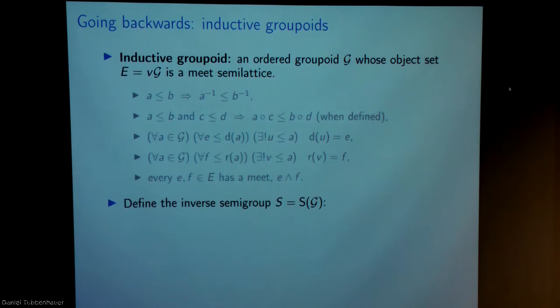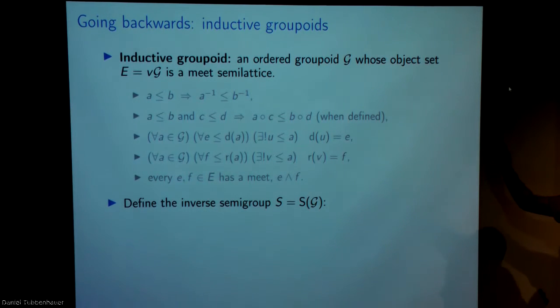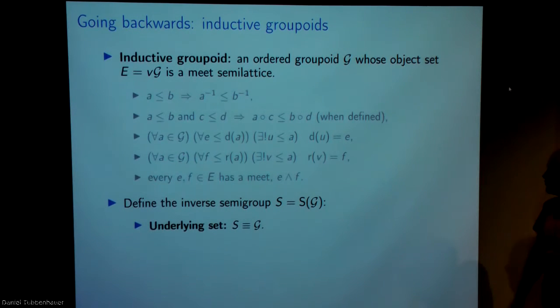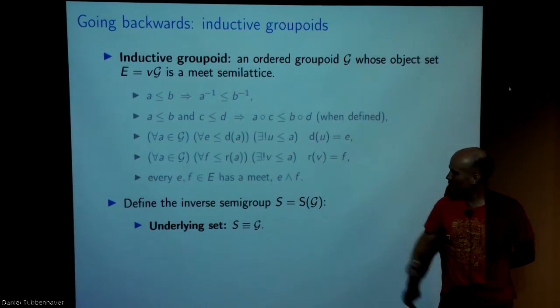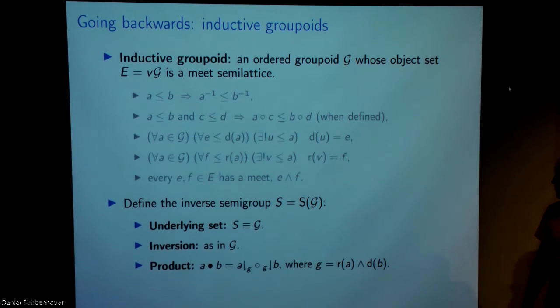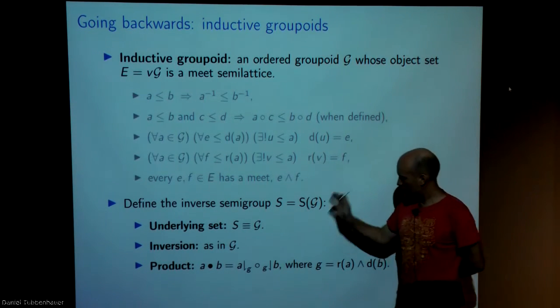Okay, and given such an inductive groupoid, we can define a semigroup. So now we're imagining we're not even starting with a semigroup in mind. We've just got this groupoid satisfying these axioms. We define a semigroup which has the same underlying set as our groupoid. The inversion doesn't change, but the product is given just as before.